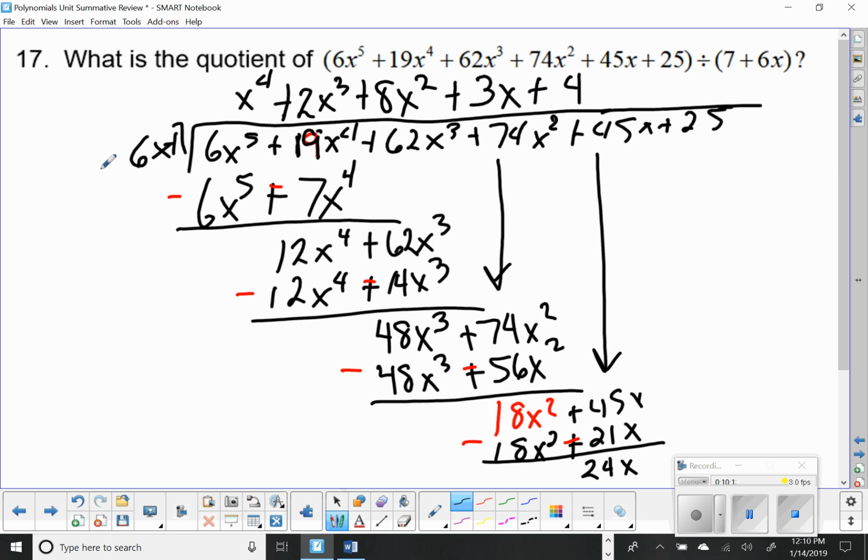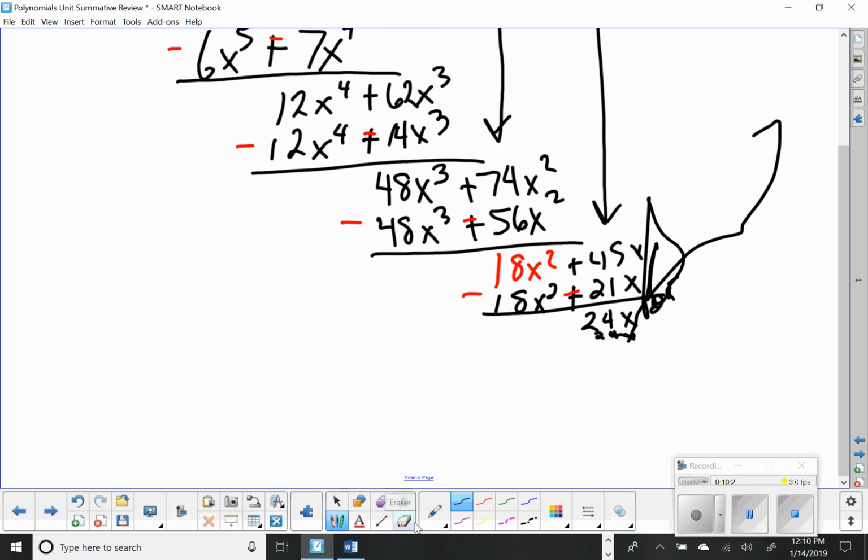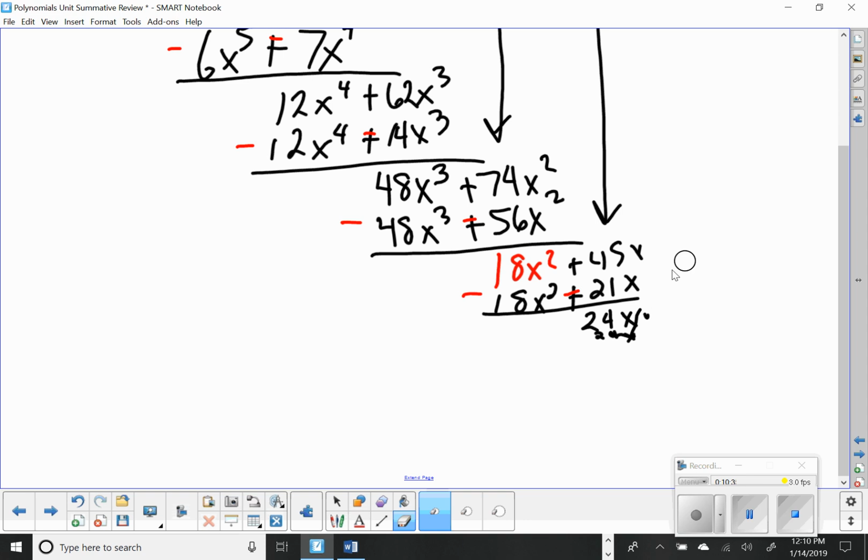4 times 6 is 24x. Bring down the 25. Strange.